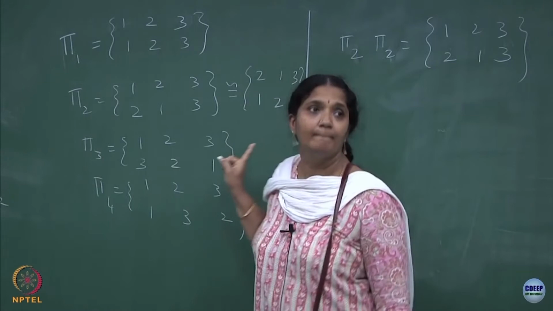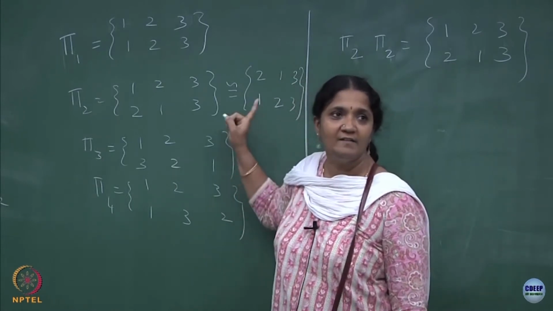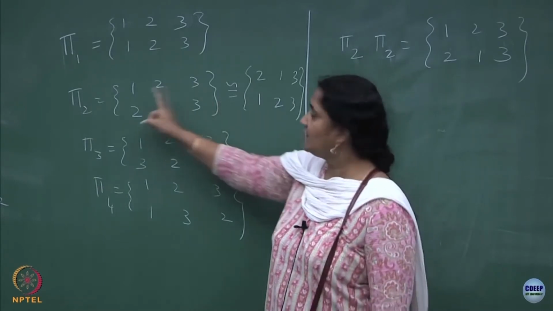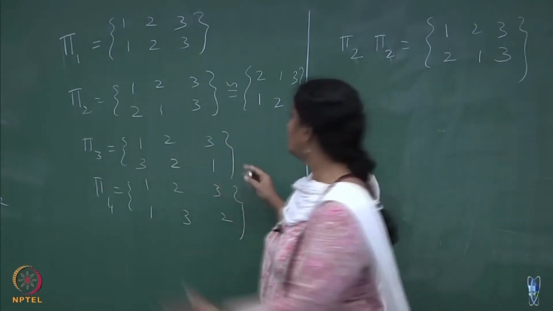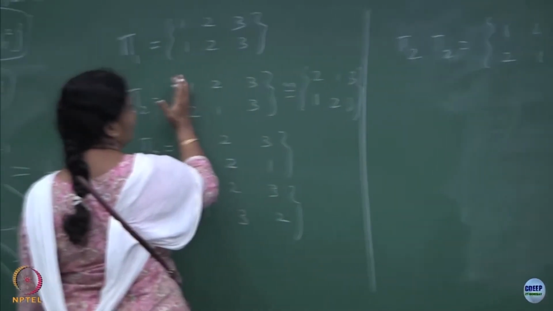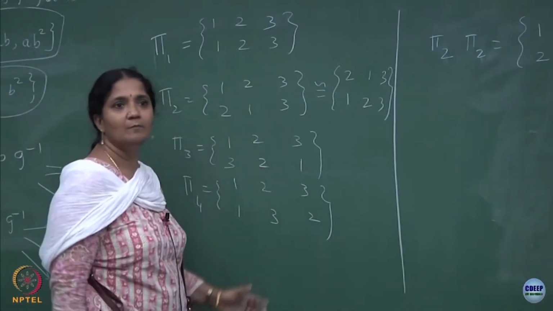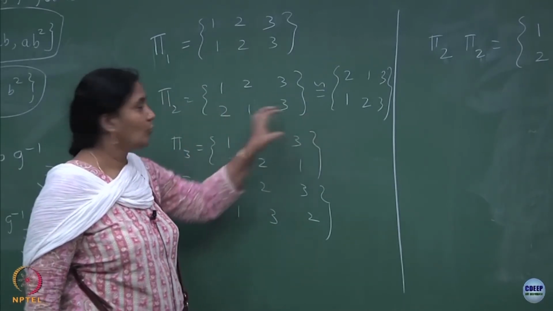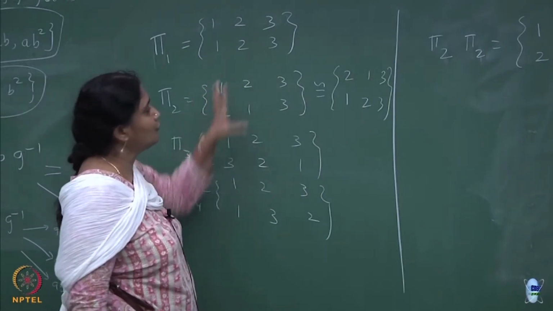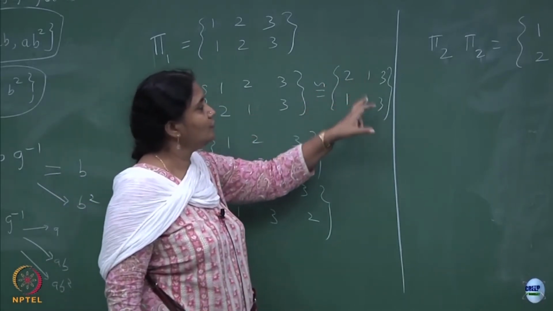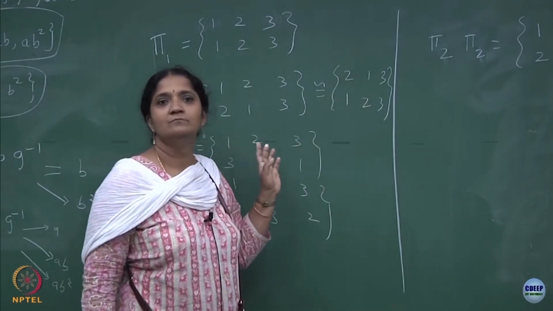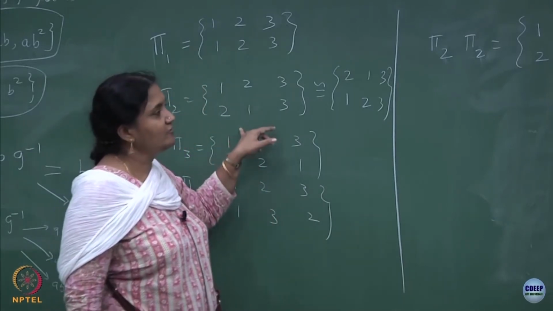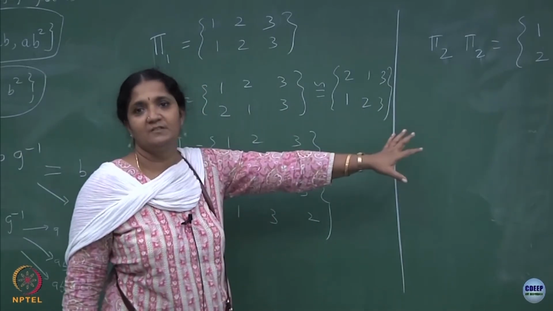Both are the same. The idea is that 2 goes to 1, 1 goes to 2 is what is important. I can interchange the columns. I can just take the second column and put it as the first column. The element is the same. The operation is 1 goes to 2, 2 goes to 1. So, you see that 1 goes to 2, 2 goes to 1. So, no change.